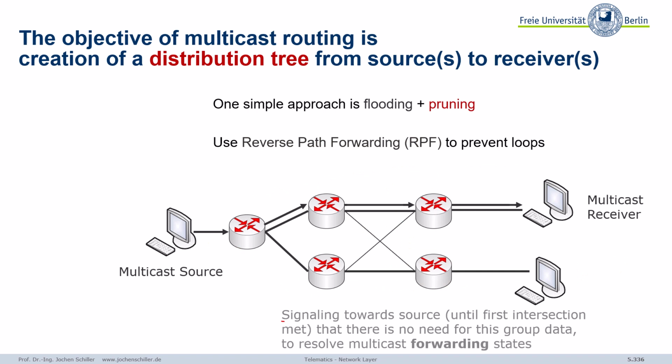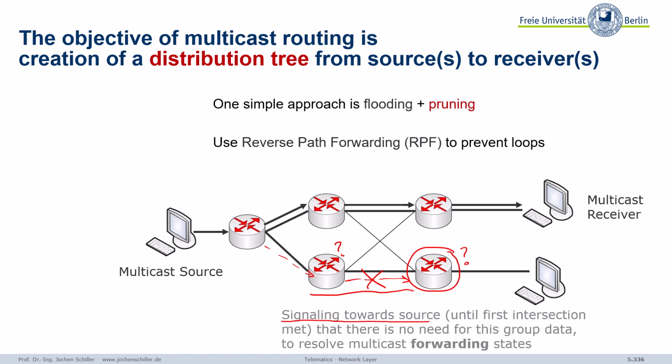What else do we do? We signal towards the source, this is done by the routers, if there's no need for these multicast packets. So what does it mean? If this router here says, well, I don't need this, but it received the multicast data because we started this flooding, then it will signal along this proper path towards the source, we don't need this anymore. And the same here.